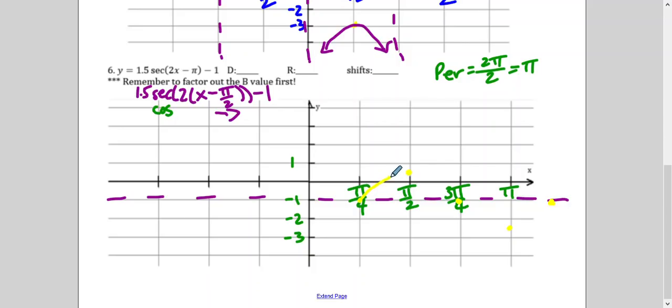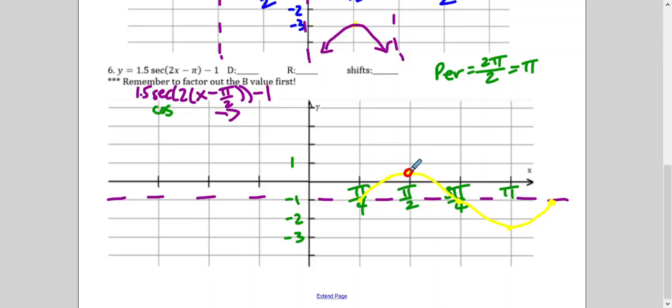Oh, that looks like a sine. It looks like a sine because I put the extra point there, but remember that my actual start point was this one. So that's my start point, and that's how I'm calling it a cosine graph, because cosine starts up. And I wanted to make sure I had 5 points so that I could have a full graph.